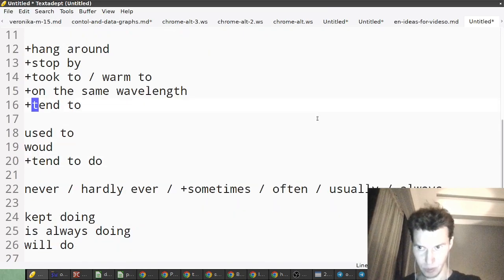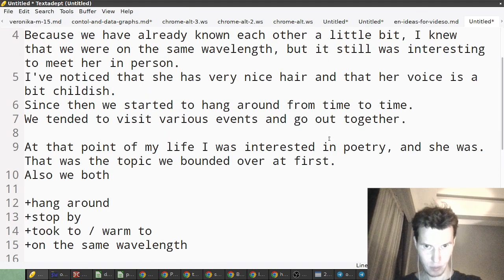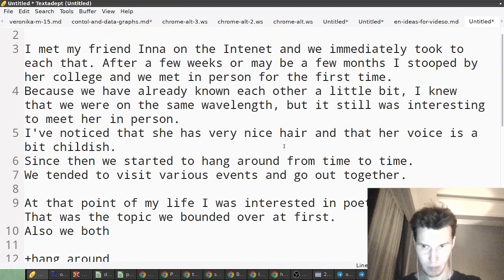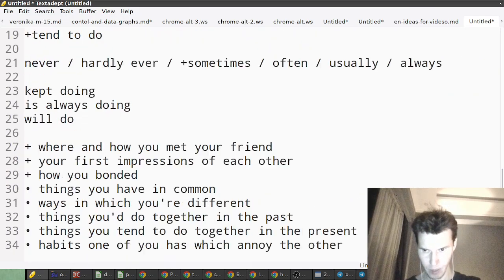Here, tend to. Also, I need to use nearly, hardly ever, sometimes, often, usually, always. Maybe sometimes. We tend to. I believe tend implies frequency. Yes, we tended to visit various events and go out together.